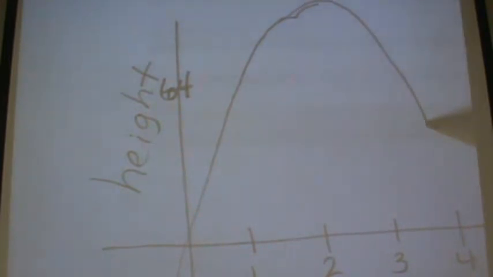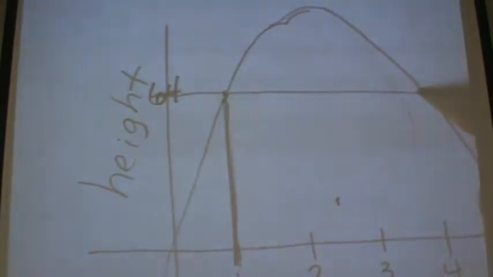So here's 64 feet. So what happens is here's your rocket, and it goes straight up. Sorry, I didn't draw that very well. So something like this, 64 feet.